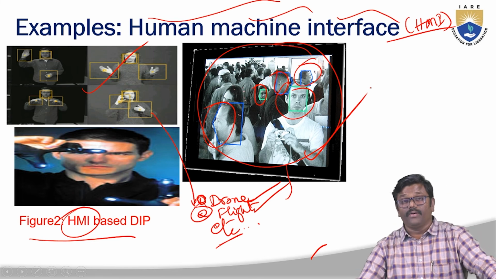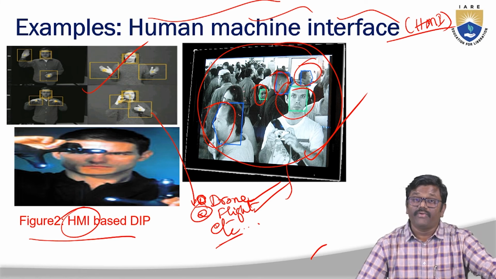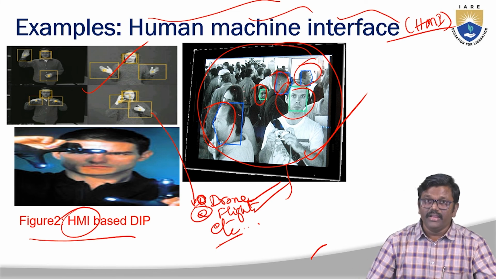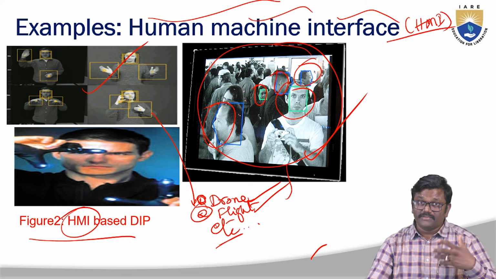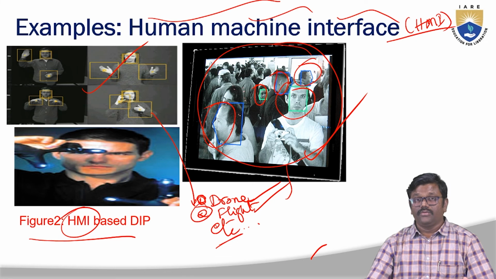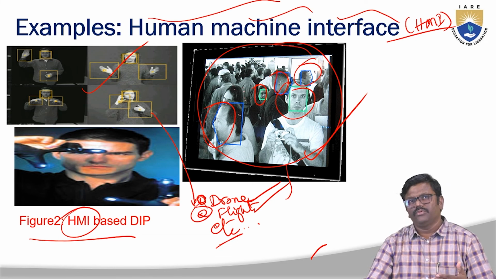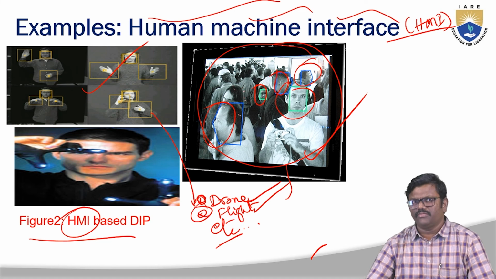From that crowd, if anybody wants to find a missing person's image, we can find it. How can you find it? Naturally, a human wants to find such a missing person's face. By natural means, it may take too much time, and you have to face too many difficulties.